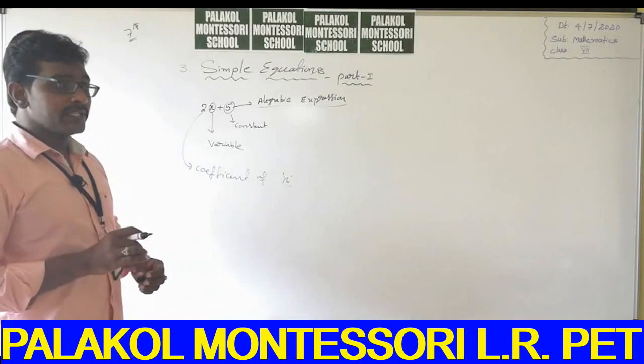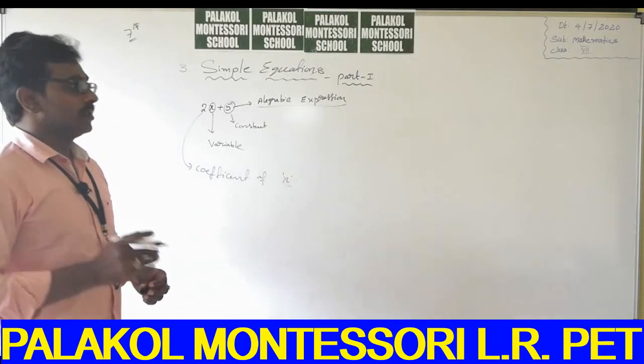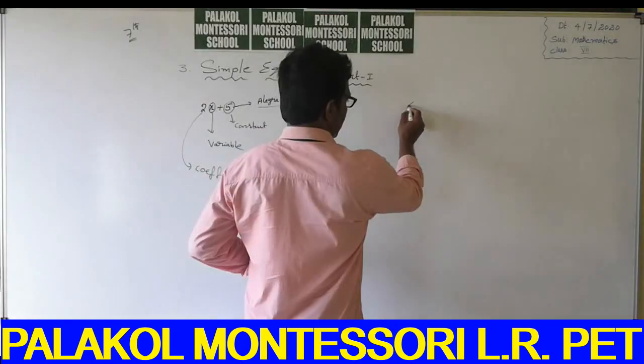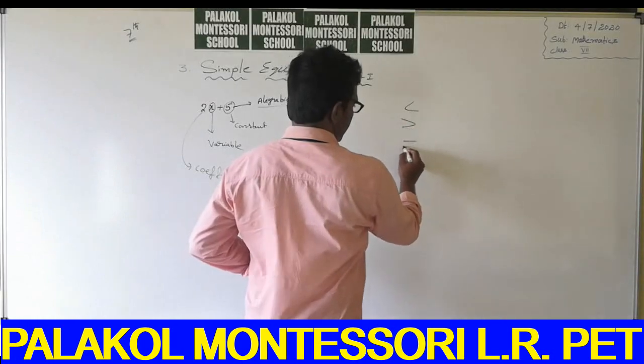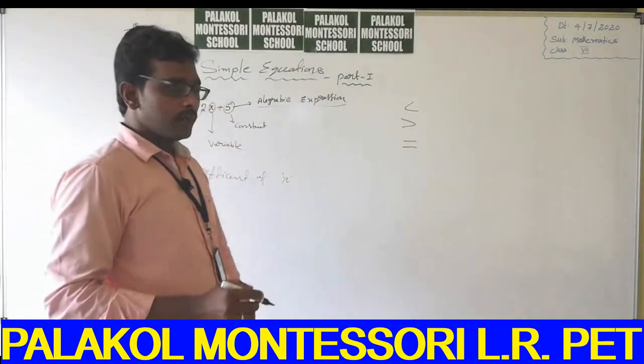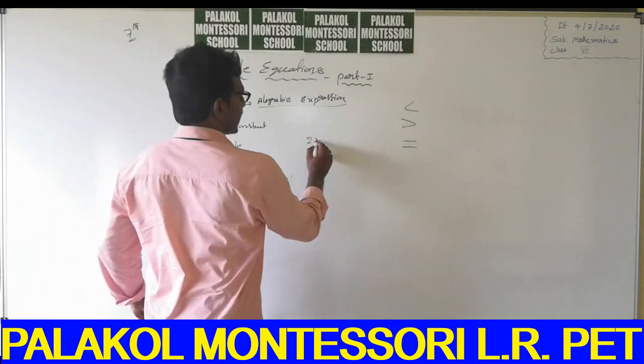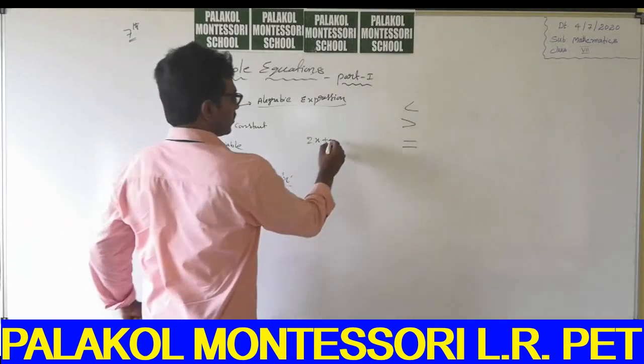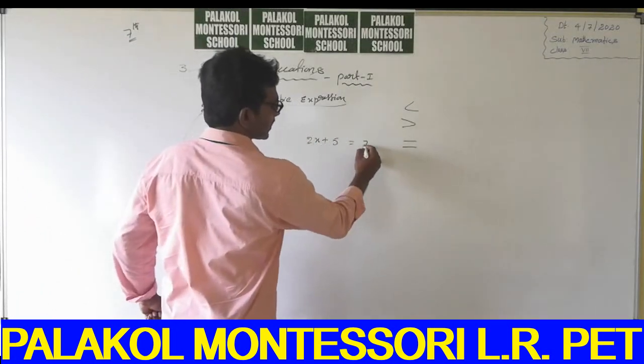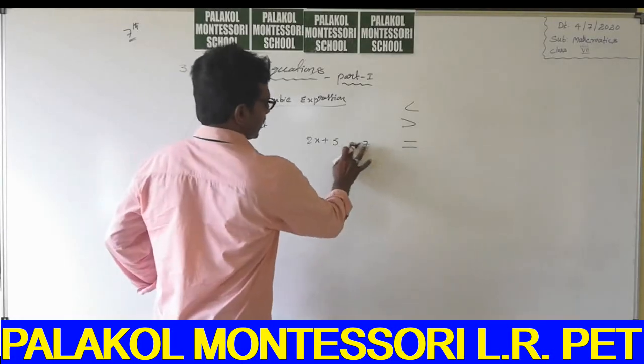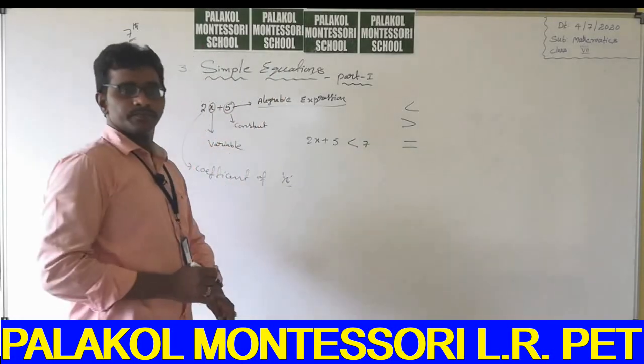In these expressions, you can use the less than sign, greater than sign, or equal to sign. Suppose 2x plus 5 is less than 7.